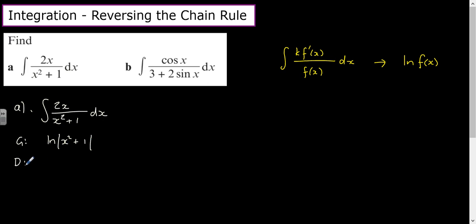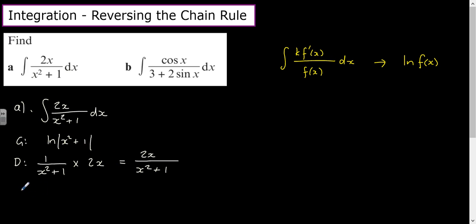We differentiate our guess, and we have 1 over x squared plus 1. Then we have to differentiate the x squared plus 1 to get 2x, and we multiply together, which ends up with 2x over x squared plus 1. Now, this is exactly like we did with standard results, except, obviously, when we differentiate this function, we actually get a function of x.